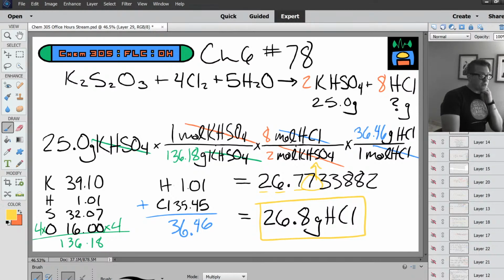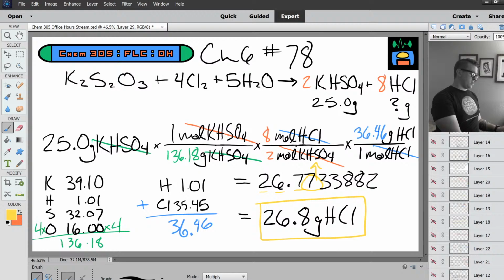Okay, and then 2, how do we know if a set of reactants will not result? Great question.